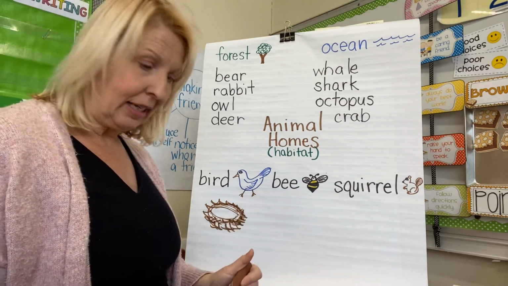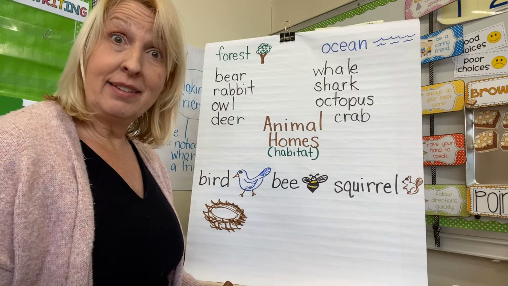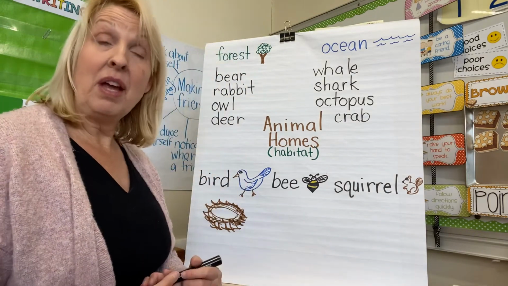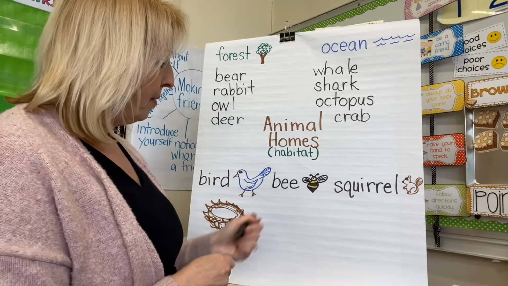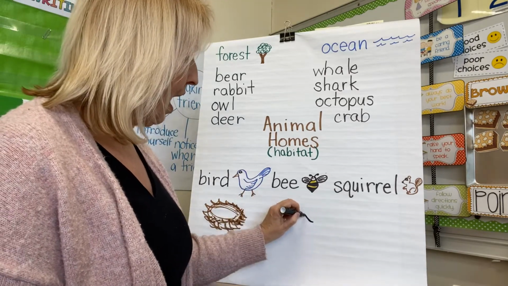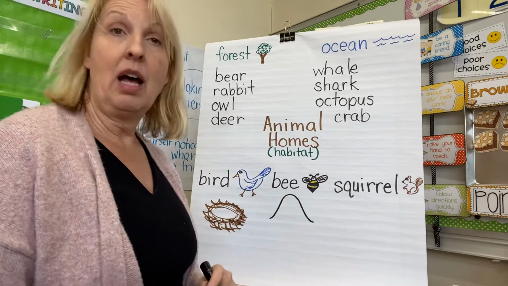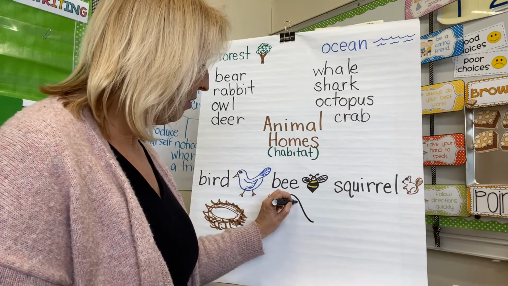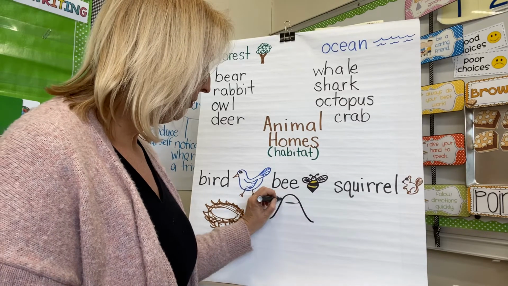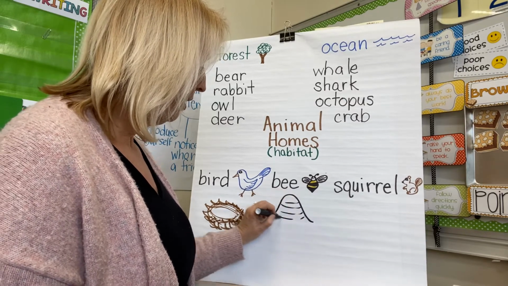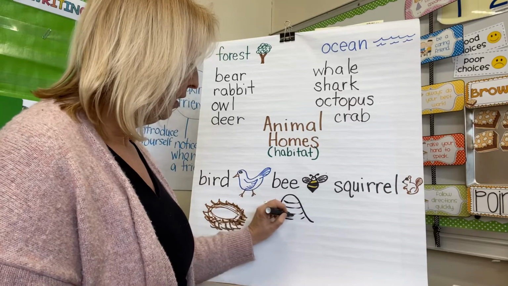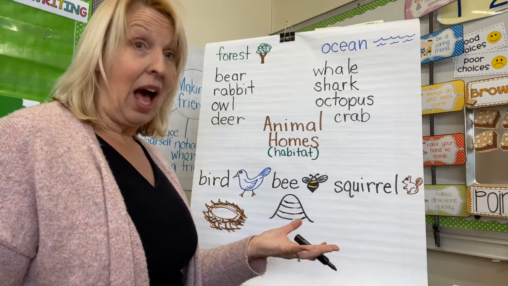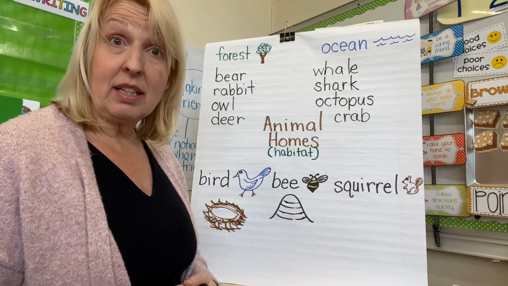How about a bee? Do you know what bees live in? Yeah, bees make hives. And so a hive might be kind of a little hill shape, and they make these little honeycombs. Some people actually make hives for bees specifically to live in their yards.